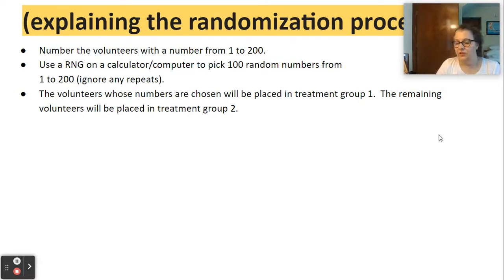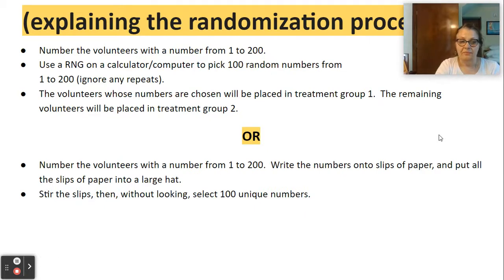Now, if you're not going to use a random number generator or a computer, you have the option where you can say, I'm going to number them on a slip of paper, okay? I'm going to number the volunteers with a number from 1 to 200. I'm going to write the numbers onto slips of paper, and I'm going to put the slips of paper into a large hat.